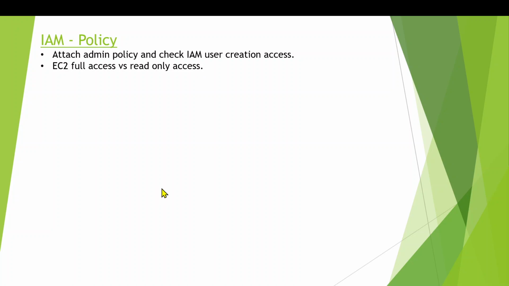Along with this, we are going to check the custom policies, and what all comes under the custom policies. We'll have just one user which we are going to use for testing.